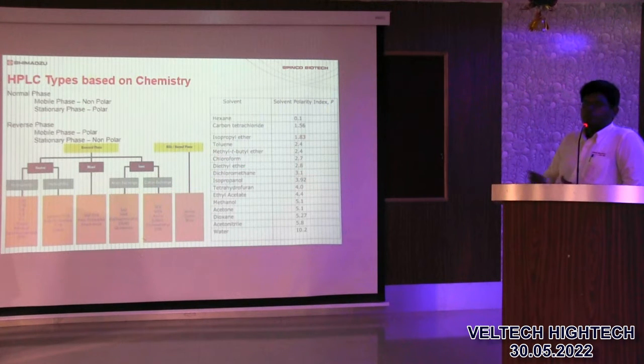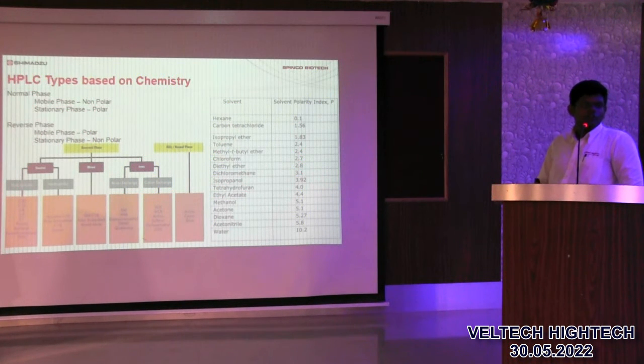Isopropanol stands in the middle of the polarity chart. Any solvent below isopropanol you can use with a non-polar column. If you want to use solvents above isopropanol, you must have a polar column. Clear? Like pH, where 7 is the midpoint, anything below 7 is acidic and anything above 7 is base.